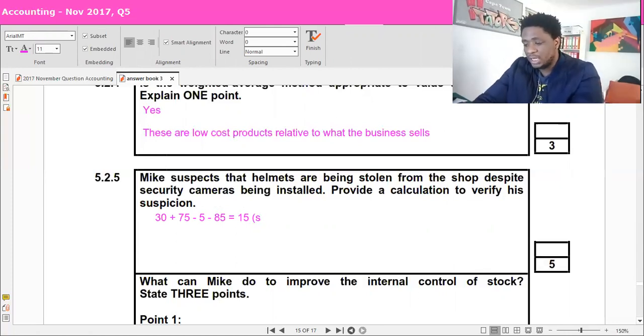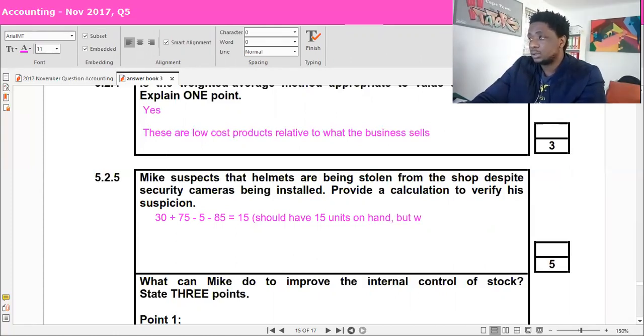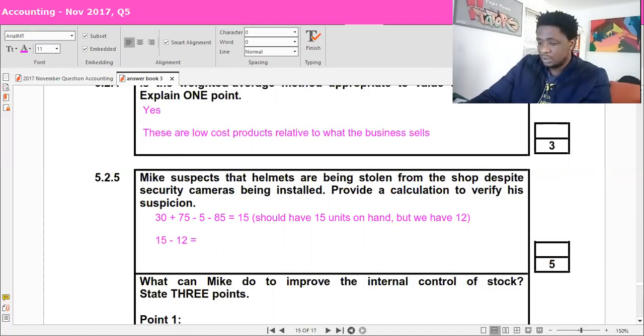So we should have 15 units on hand, but we have 12. And therefore, what you do then would be to take the 15, minus 12, and it's equal to 3.